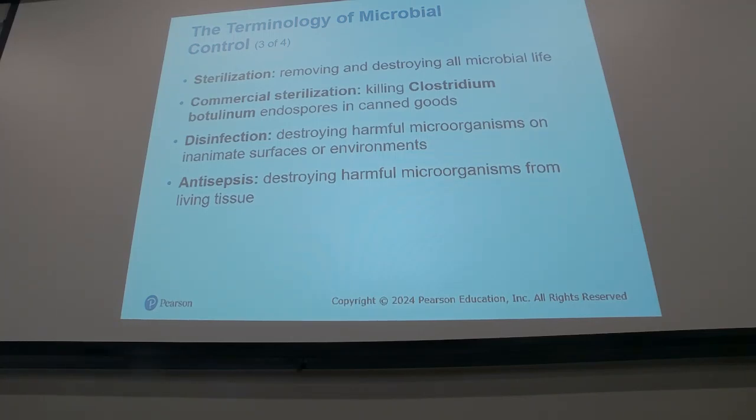Botulism is an infection in which you have flaccid paralysis of your muscles. Your muscles cannot contract because this bacterium produces a toxin called botulinum toxin that prevents neurotransmission between the nerve cells and the muscle cells.